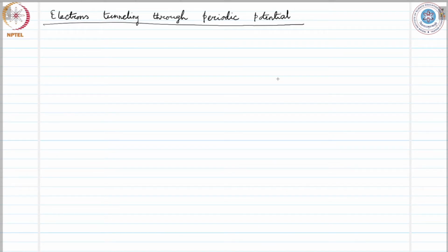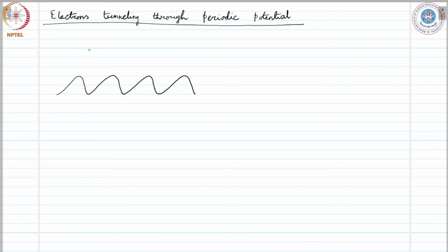So we can consider a set of periodic potentials like this, say, that extends to infinity on both sides.